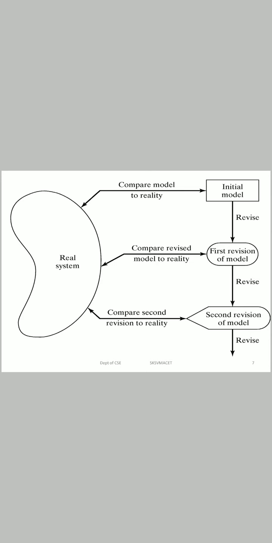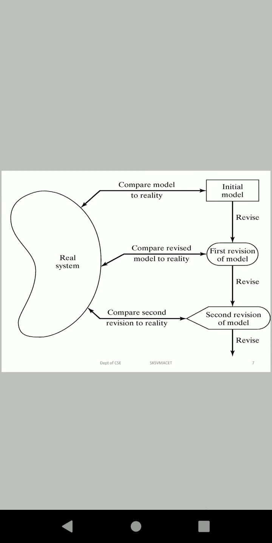Again he compares with the real system and gets new concepts and knowledge which are not there in the model. He comes back to the model and implements them, and he gets the second revision of the model. It will continue, second revision, third revision, like that. The comparison of the model to the real system will continue, so that the model the builder is building resembles the real system 100%.